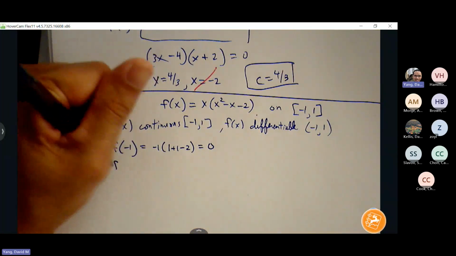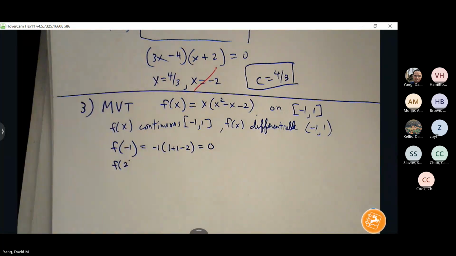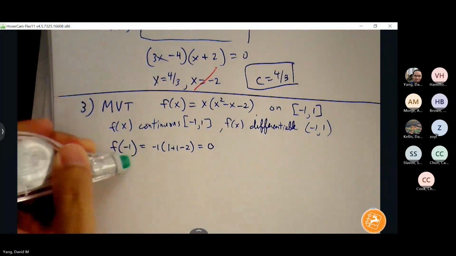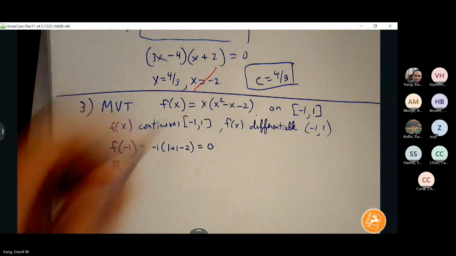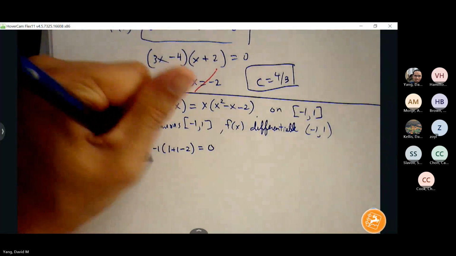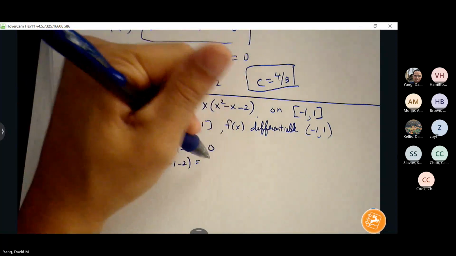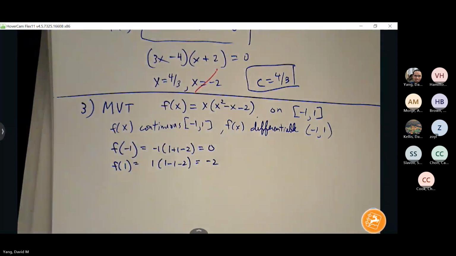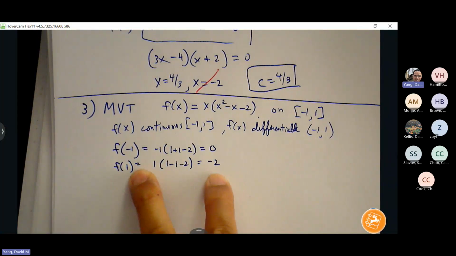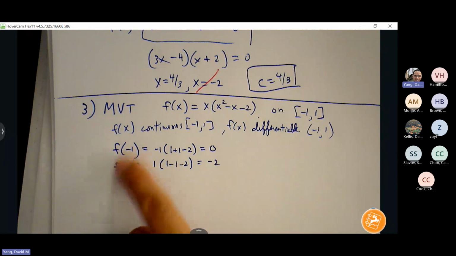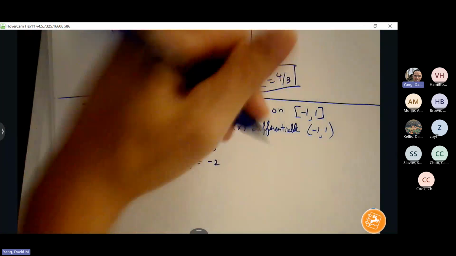Let me test my other endpoint. Okay, my endpoints have different y values, but that's okay. I can still find the average rate of change, subtract the y's, divided by the difference of the x's, change in y over change in x.